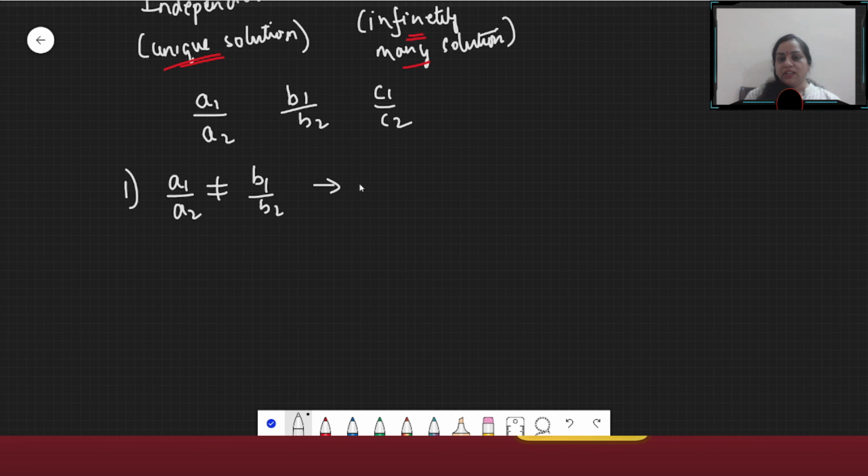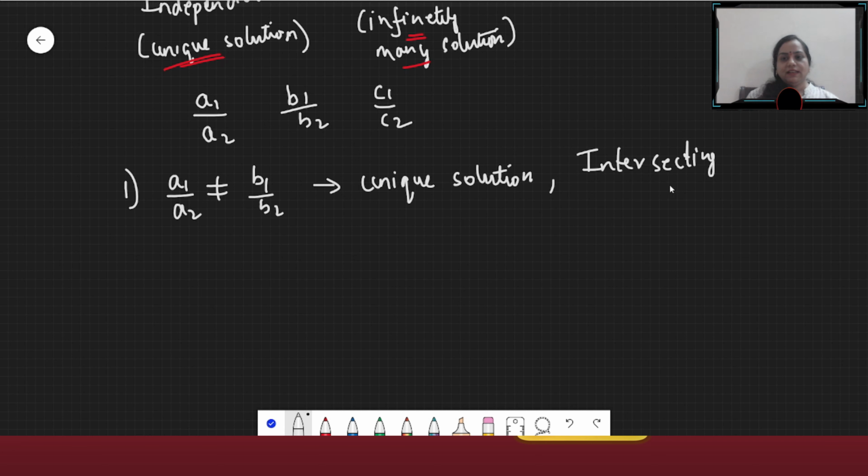The moment they are not equal, remember that it is going to have a unique solution. If you plot it on a graph, you will see intersecting lines, which intersect at one point, and this is your unique solution.